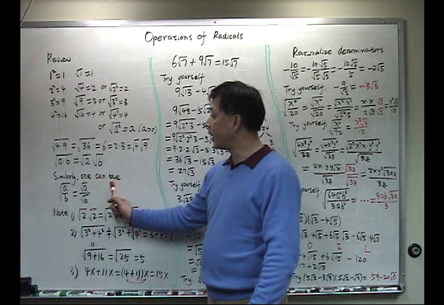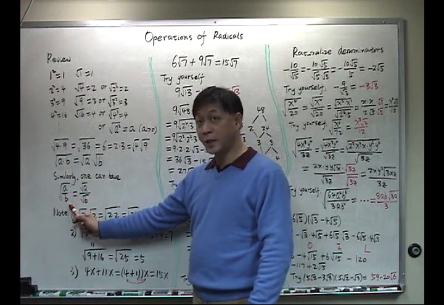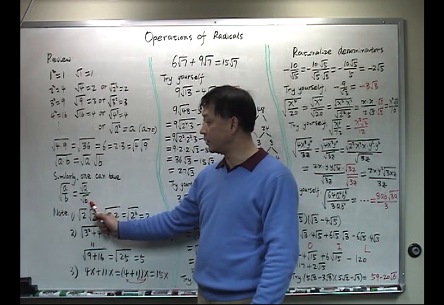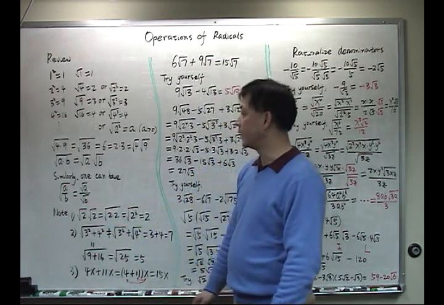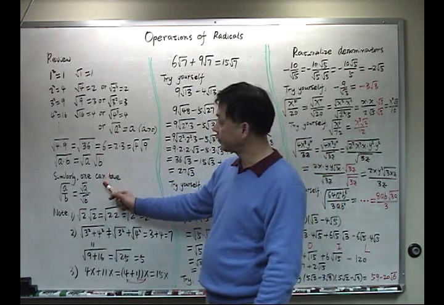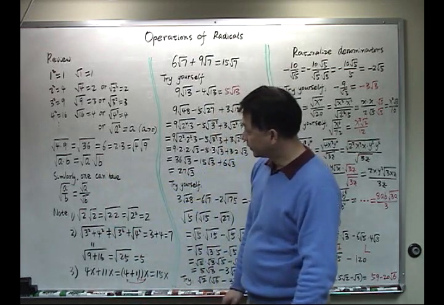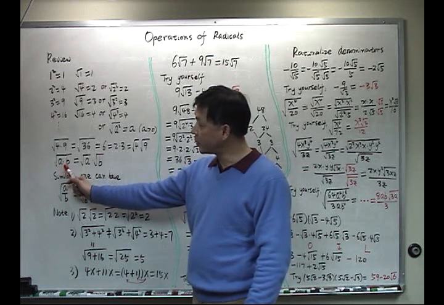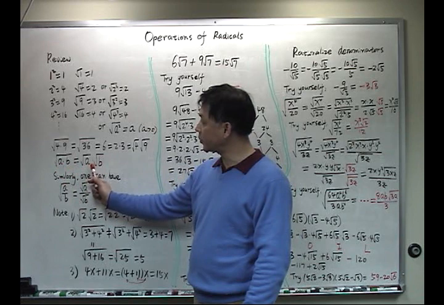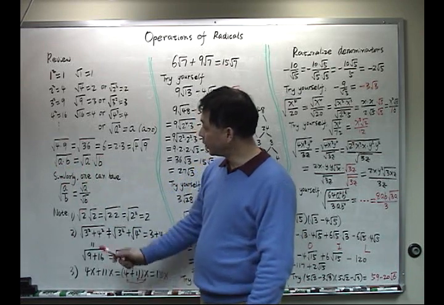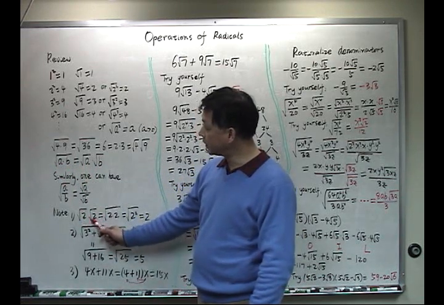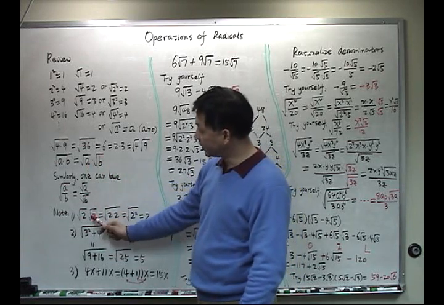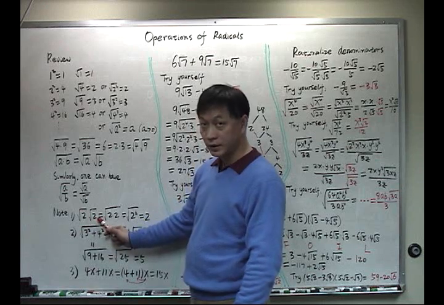Similarly, one can have radical a divided by b equals radical a divided by radical b. The same thing. Note from here, radical a times b equals radical a times radical b. Now we have radical 2 times radical 2. So a and b are equal in this case, 2 equals 2.